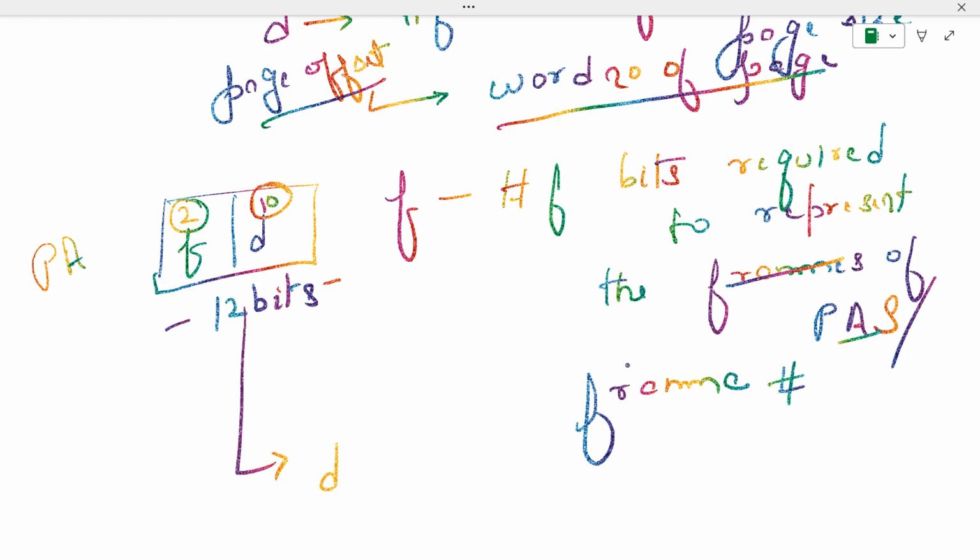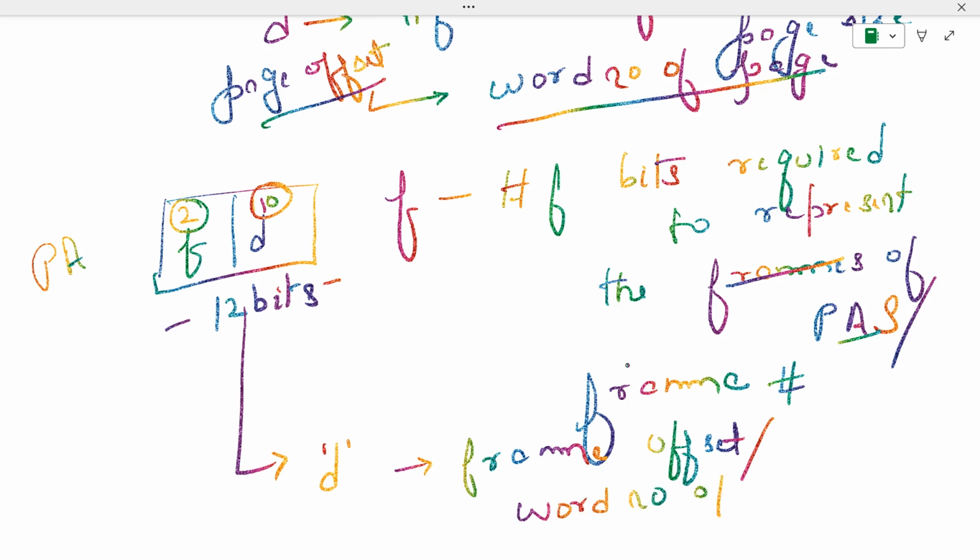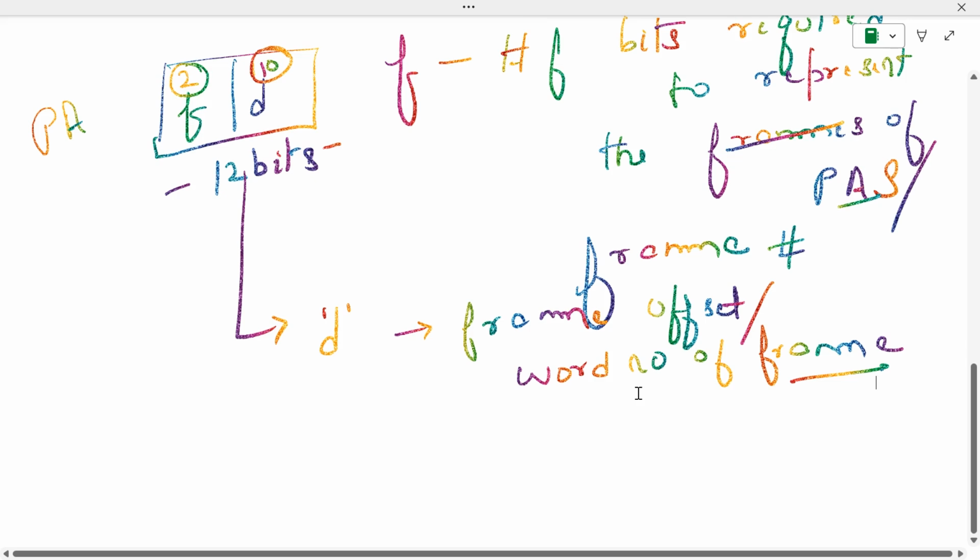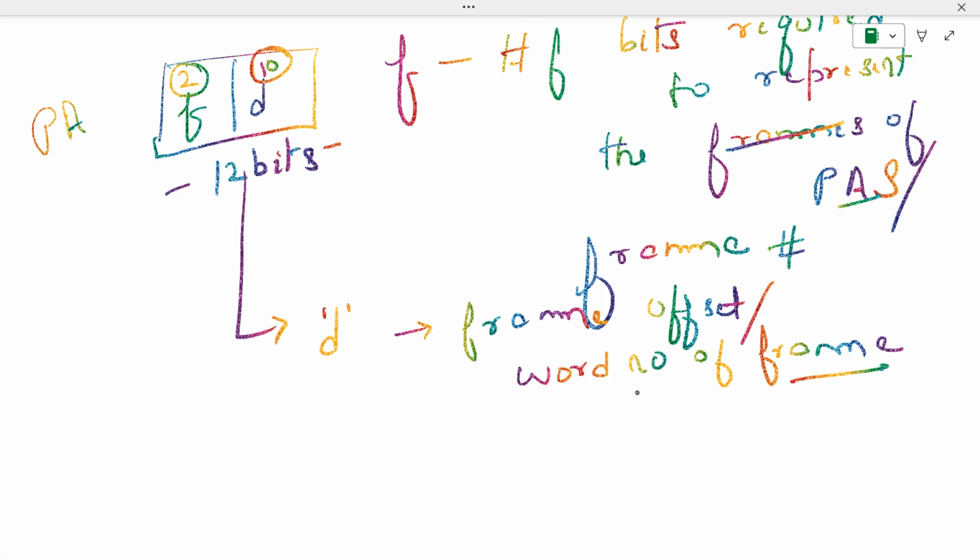And D denotes the frame offset, or we can also say it is the word number of the frame. We are going to discuss this D component in some moment in this video. So D is the frame offset or the word number of the frame.